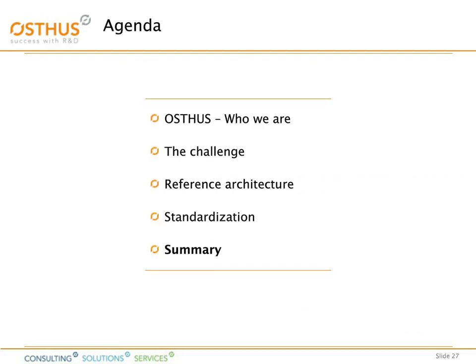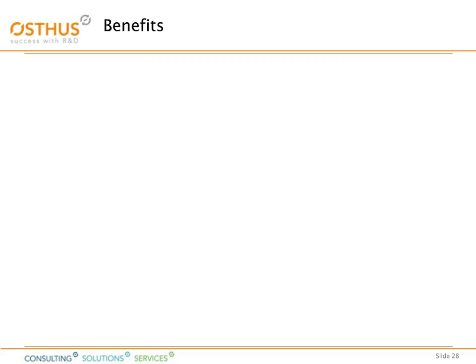So this also brings me to the summary of our webinar. What overall are the benefits of integration and standardization? First and foremost, of course, integration of different data sources allows you to access data in an easy and convenient way, allowing you to find your data more quickly.